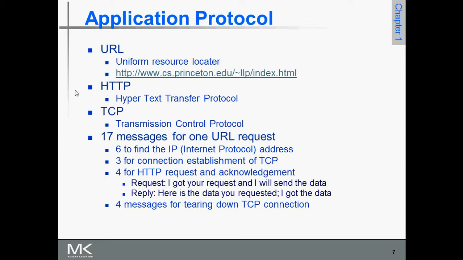In our presentation, we have index.html, and this resource, or web page, is located in the princeton.edu web server. We are going to use HTTP, the hypertext transfer protocol. This is one protocol we are going to use to download the web page.